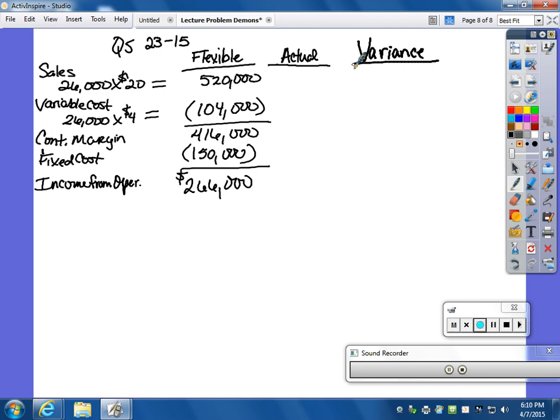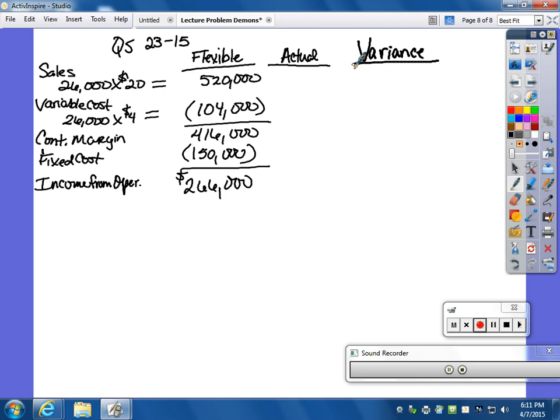All right, so the actual sales are going to be what? This question, we're going to use the information from 14 as well as the information that's in 15.